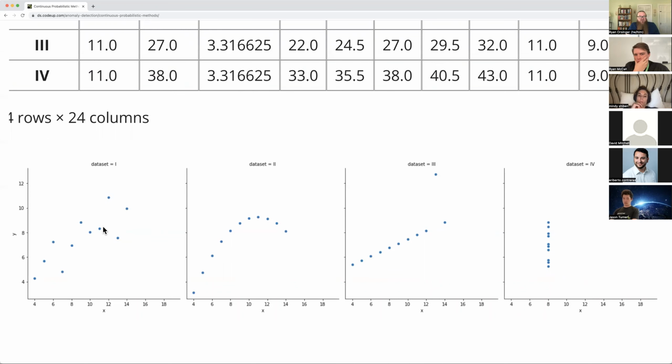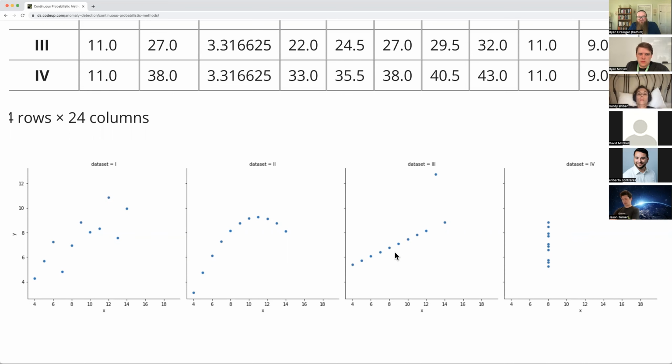Data set 1, it's not a super tight relationship, but there's totally a relationship there. Data set 2, totally a relationship, and it's a parabola, so that's a polynomial. Data set 3 and 4, it seems like most of the data is suggesting we have a straight line relationship, with an outlier.